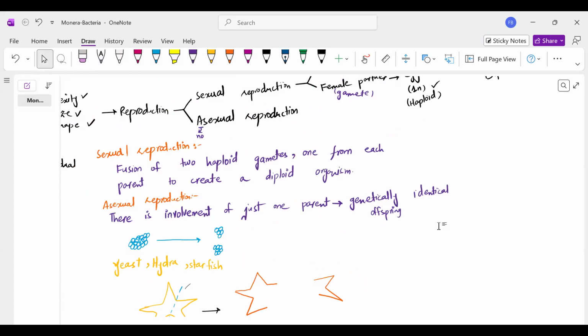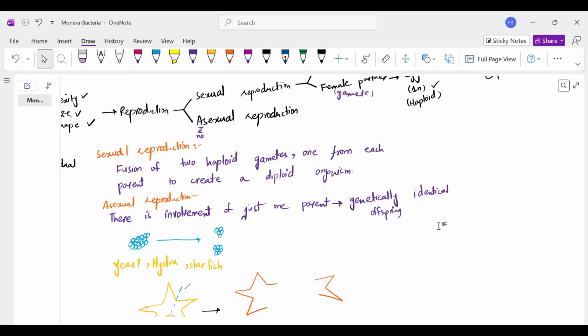But organisms produced by asexual reproduction are not complex, so they cannot combat harsh conditions. Are you getting my point?